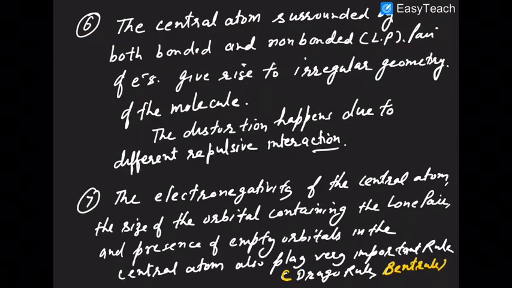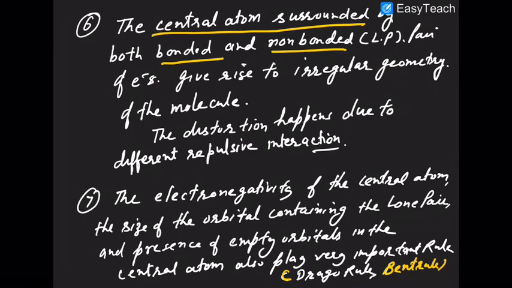If the central atom is surrounded by both bonded and non-bonded pairs of electrons, bonded meaning bond pairs and non-bonded meaning lone pairs, then it will give rise to an irregular geometry in the molecule.